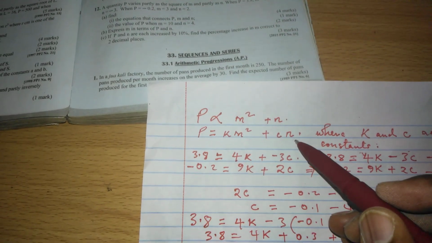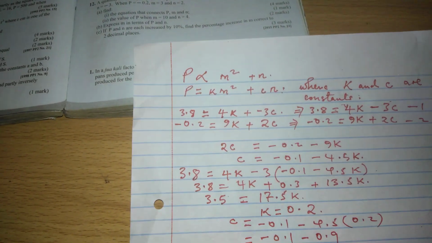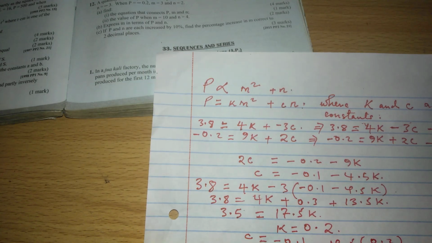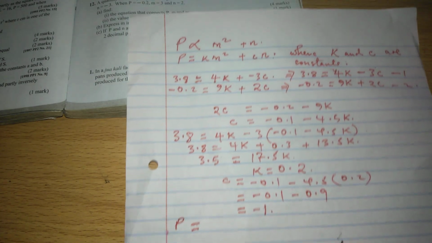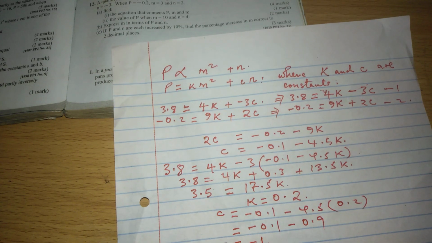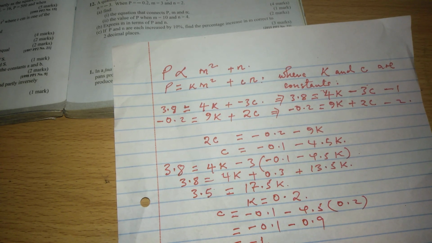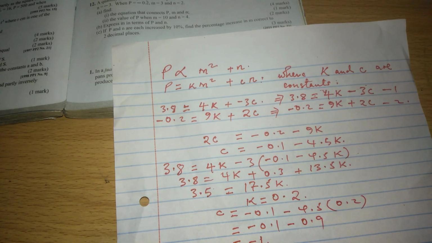but now we have to write it with known constants, such that the equation is P equals, instead of KM squared, we know what K is, so 0.2 M squared. Then the other C is -1.